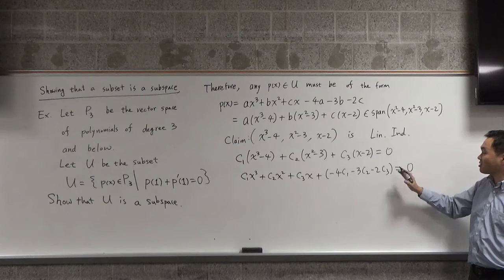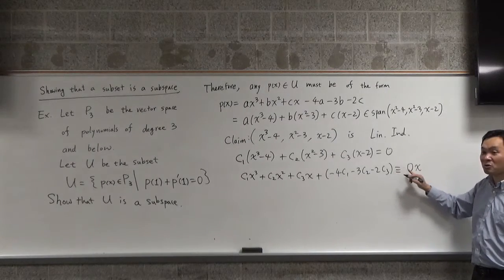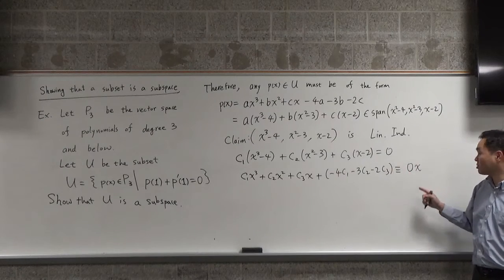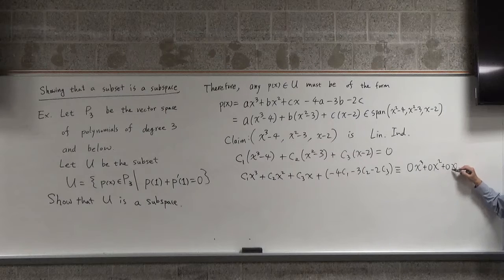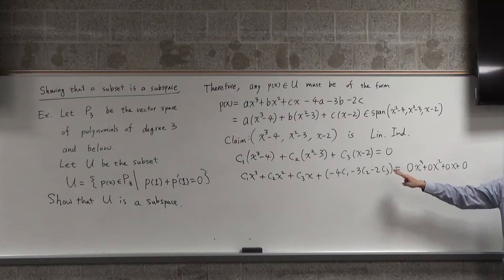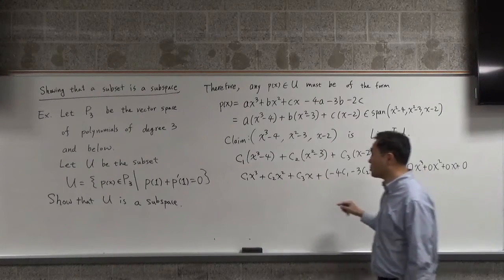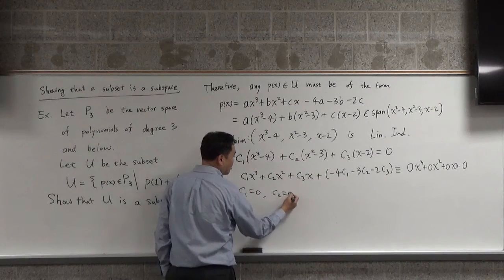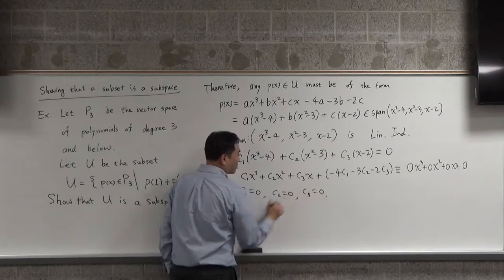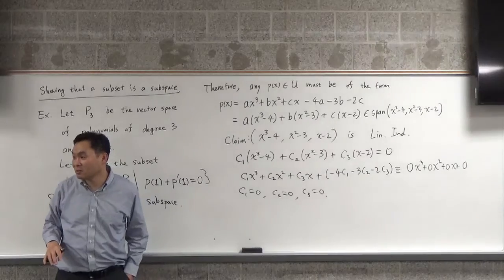So you're really saying that this is equal, I'm using triple equal signs because they're equal as functions, okay? 0x cubed plus 0x squared plus 0x plus 0, right? So it's equal to 0 as polynomials, which means that their coefficients should be the same. So we see that c1 must be 0, and c2 must be 0, and c3 must be 0 as well. So we've shown that the three vectors are linearly independent, right?